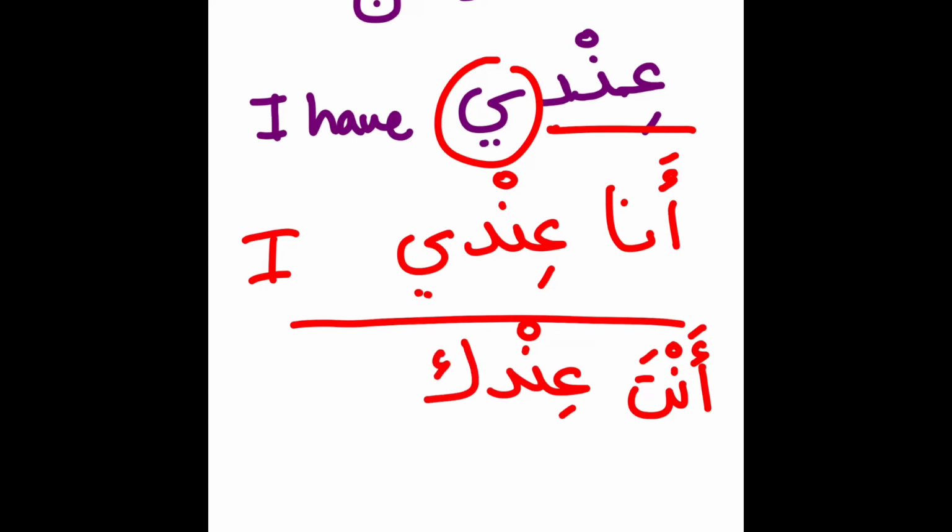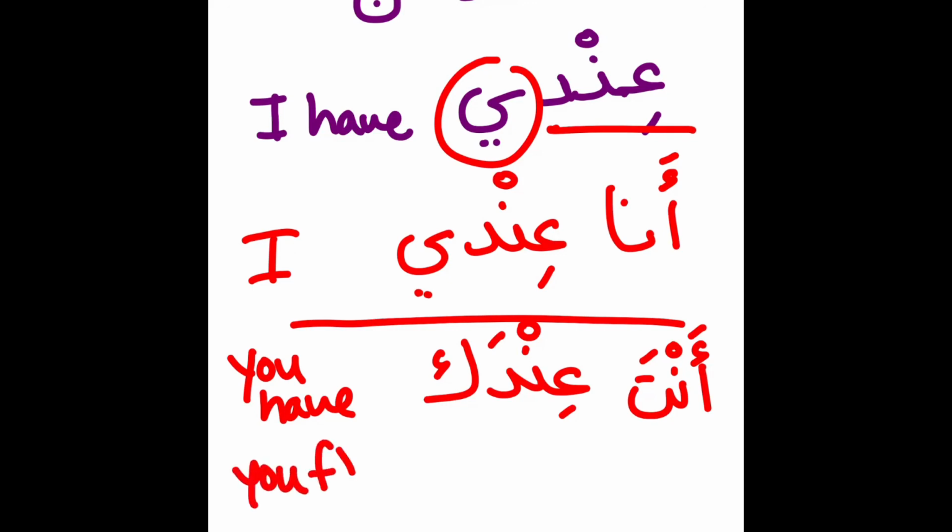We use that same pronoun, kaf. عندك, meaning you have. Now, saying أنت and عندك is redundant because the kaf here represents you. So you don't have to say أنت عندك. You can just say عندك. عندك بنت. You have a daughter.